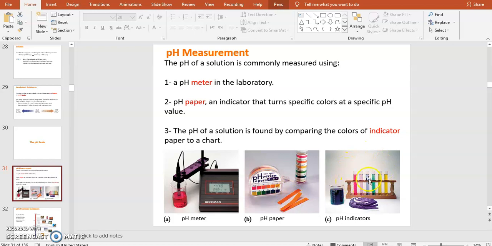Or by pH indicators, chemicals that you add in the solution, and basically it turns to different colors. Whenever it turns to specific colors, then you can say that this is an acid, this is a base, or this is neutral. We'll see how in the next few slides.